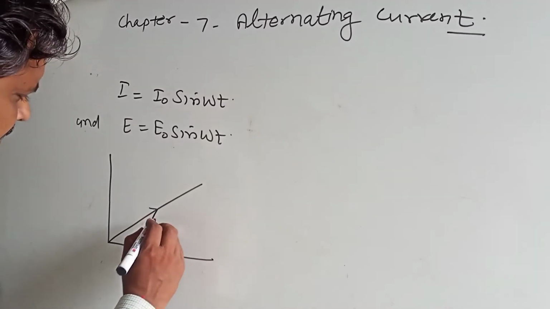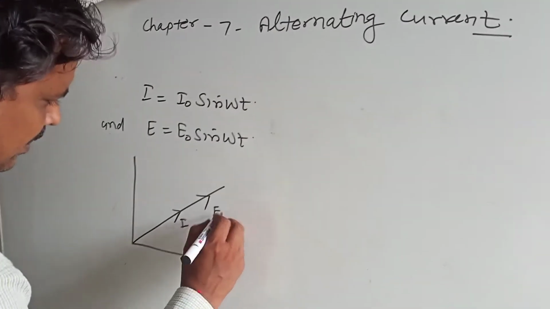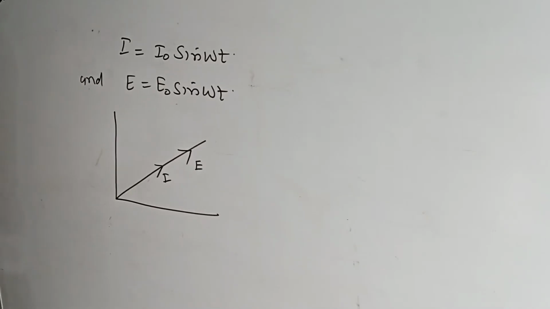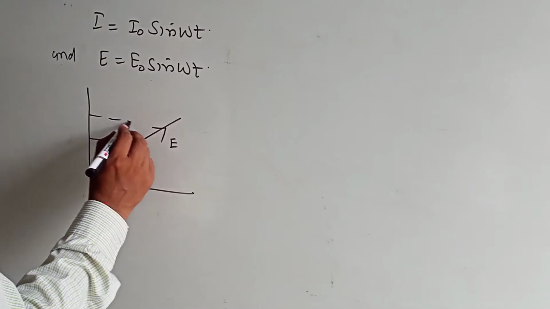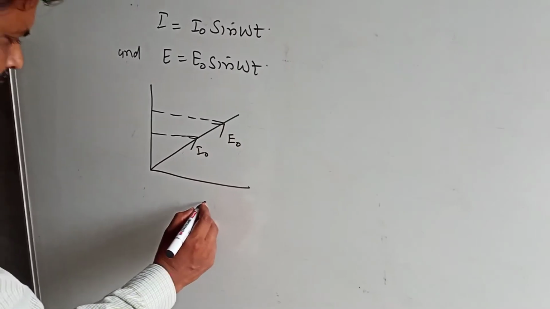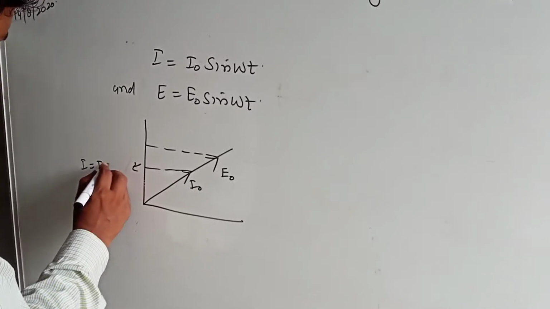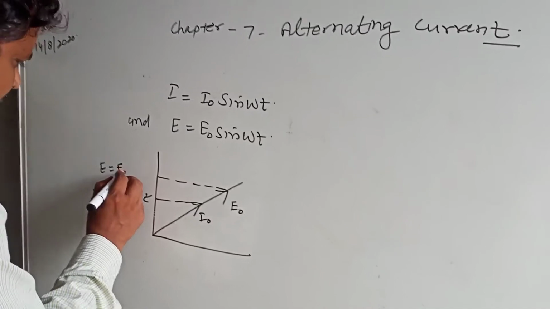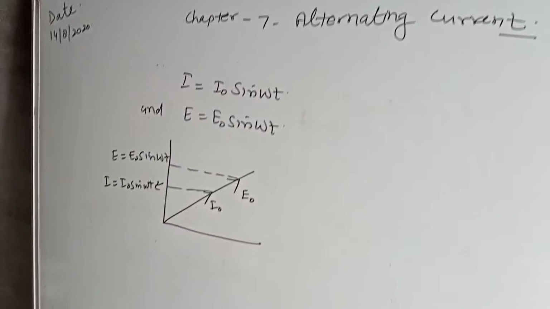Here is I, and here is E, and these are represented by E naught and I naught, where I equals I naught sin omega t and E equals E naught sin omega t, here E and I.